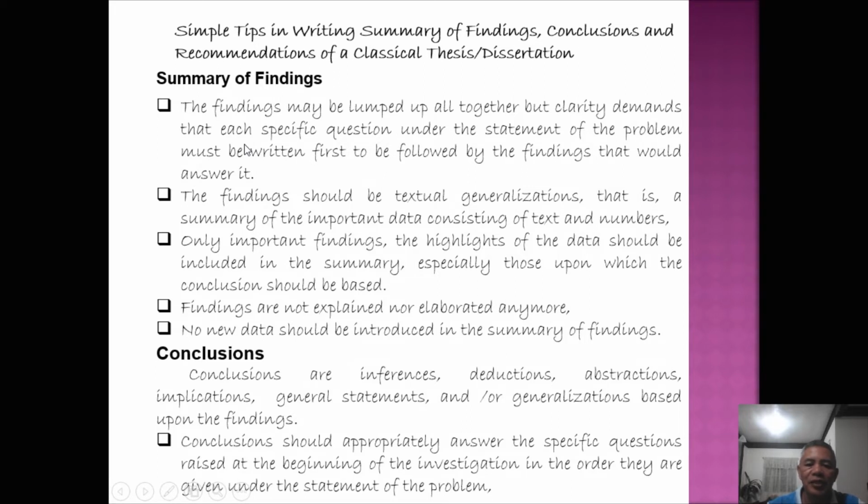There are some instances wherein instead of using a specific question, a researcher use the declarative sentence of that specific question, and it is allowed and even recommended.